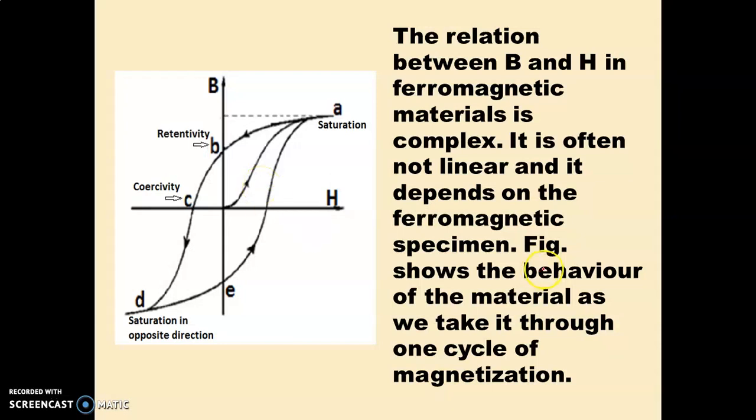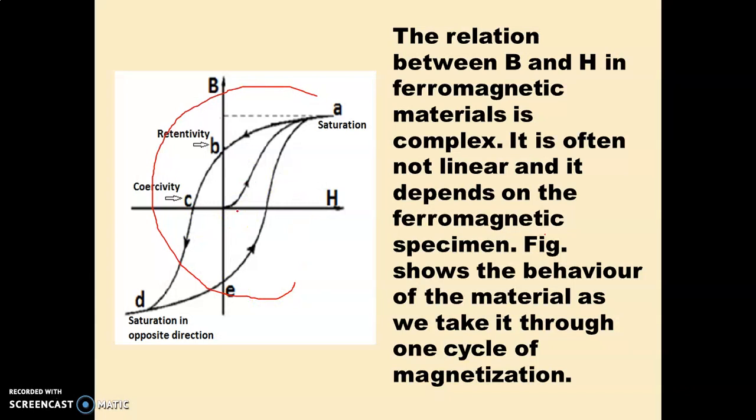Now this total figure shows the behavior of a material as we take it through one cycle of magnetization. See here, this shows the behavior of the material through one cycle only.